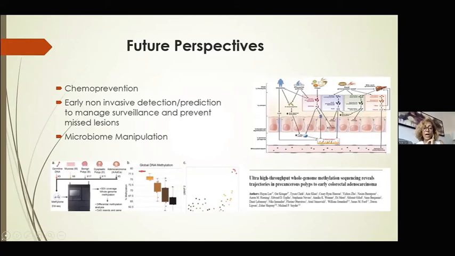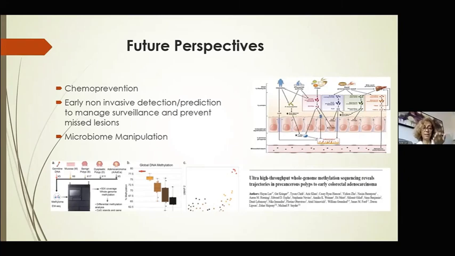As for future perspectives, the frontier of chemoprevention hopefully will be evolving, and we will have less toxic agents. We know that erlotinib is rather toxic for our patients, so we don't have a good solution. And in addition, early non-invasive detection and prediction tests may contribute to surveillance and prevent missed lesions.